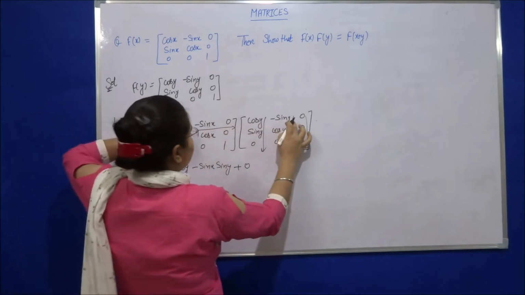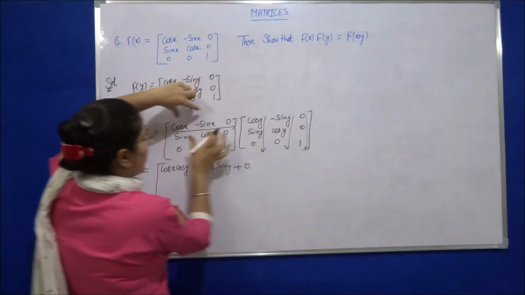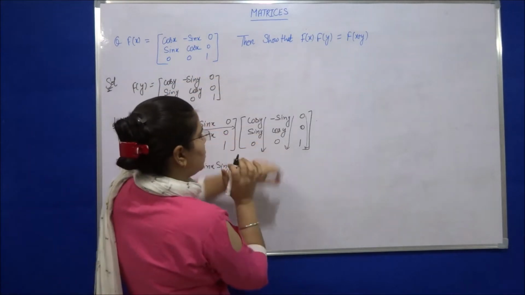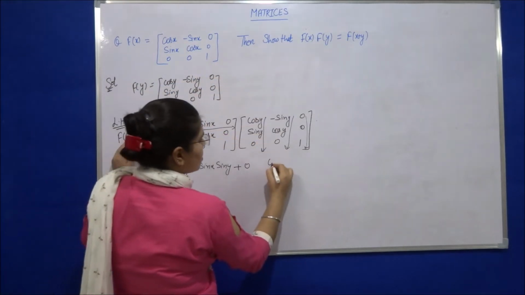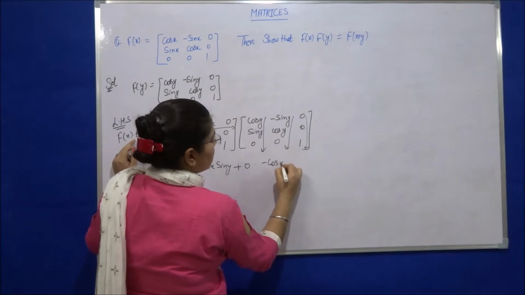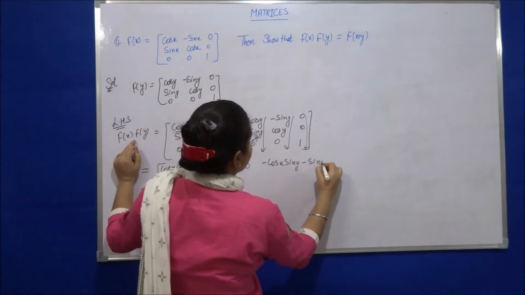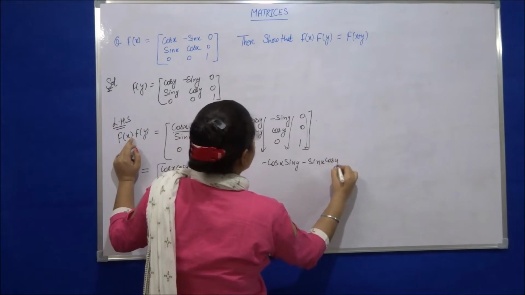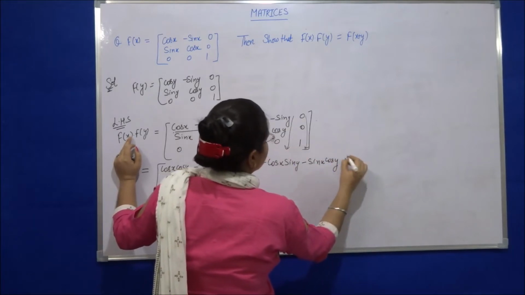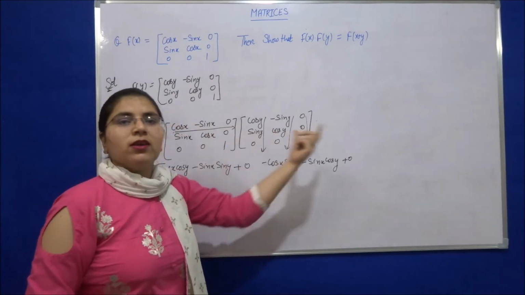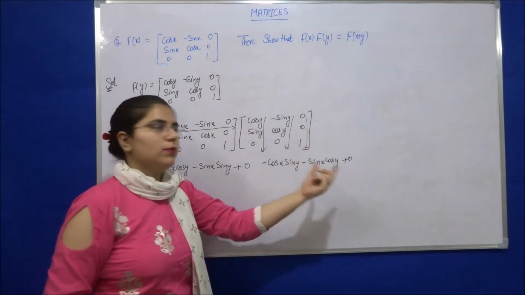Now similarly we will multiply the elements of row 1 with the elements of column 2. Now cos x sin y minus sin x cos y plus 0. Again we will multiply the elements of row 1 with the elements of column 3.